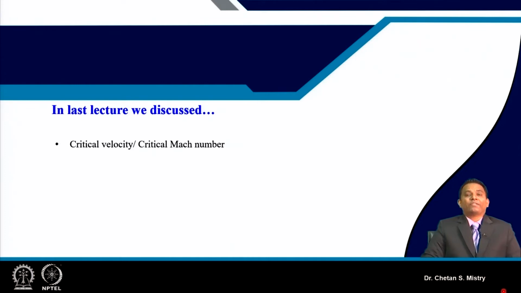Now take a different consideration. Suppose we already have an engine. For that engine we need to estimate the performance. That means the geometrical parameters are known to us. Flow angles or blade angles are known to us.